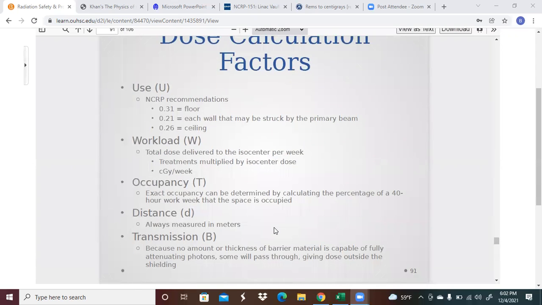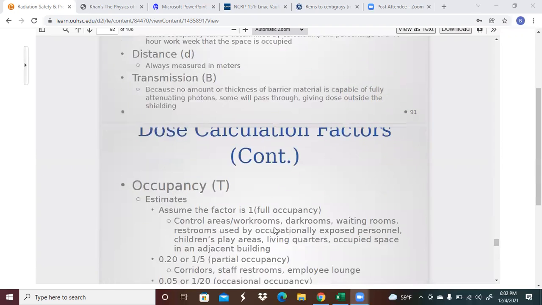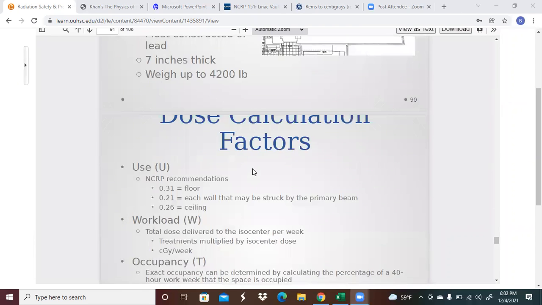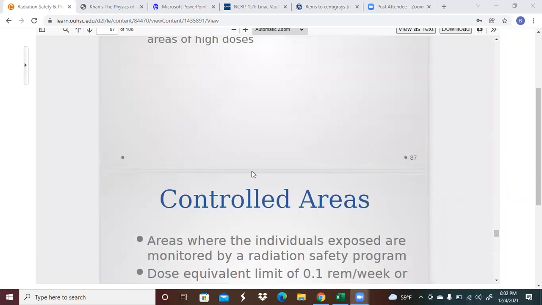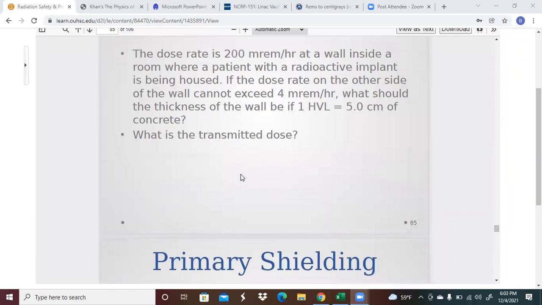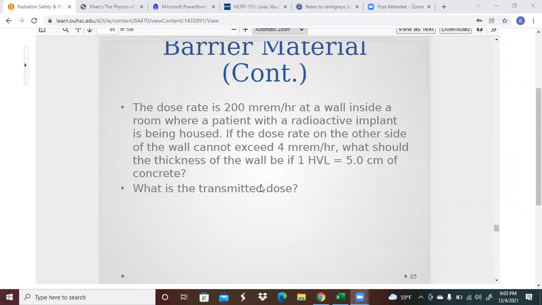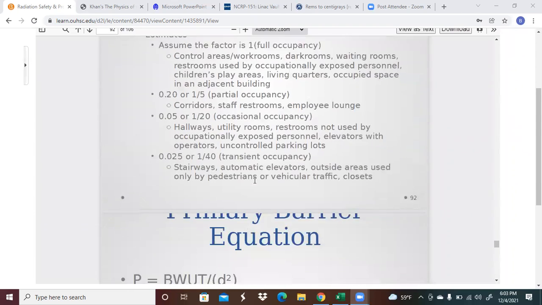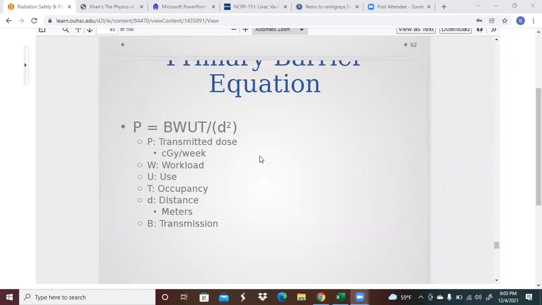Now, dose calculation factors. We're going to be getting into a primary barrier equation here, where we've got the transmitted dose, which is the amount of centigray per week. And again, let's go back to what I had here. What is a transmitted dose? This kind of thing is what we're going to be referring to, the amount of centigray per week.